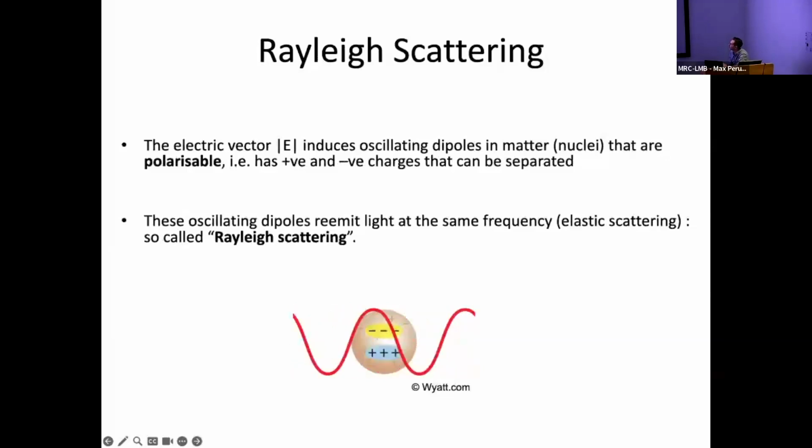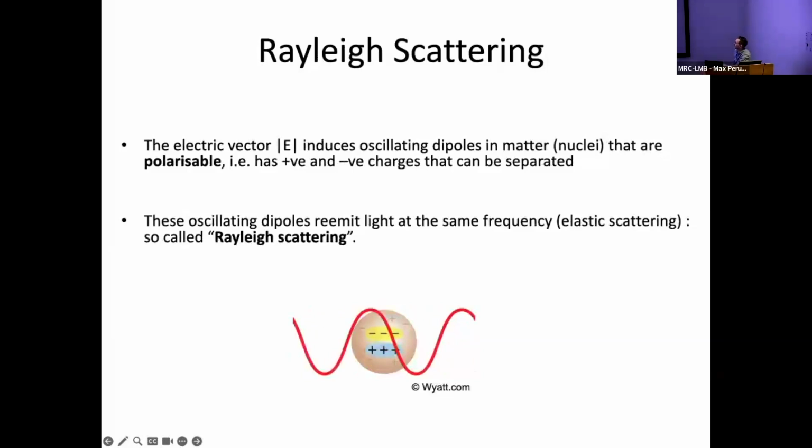So we get the positive and negative dipole oscillation. What he observed was that with the oscillating dipoles, they absorb and re-emit light at the same frequency. This is elastic scattering, or Rayleigh scattering, and that's what predominantly we use for the SEC-MALS.